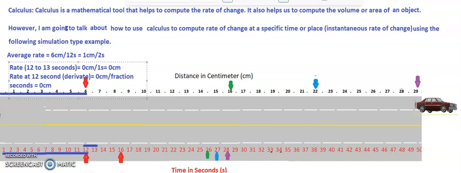However, when we have other mathematical questions, we don't use this kind of computation. There's a different formula, and we're gonna learn that formula in the next video. Also, what about here, at 26 seconds?